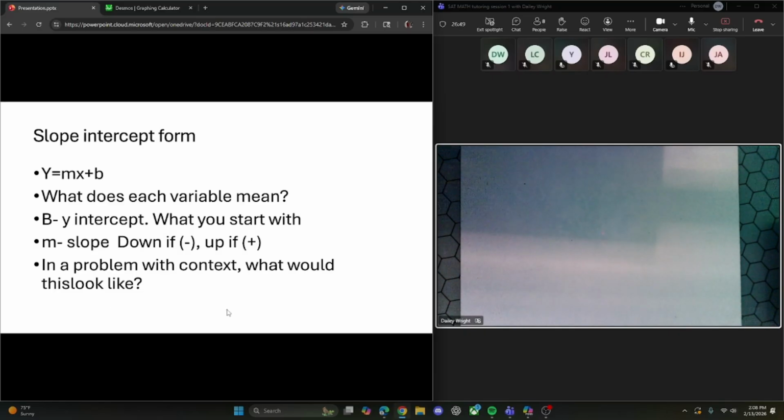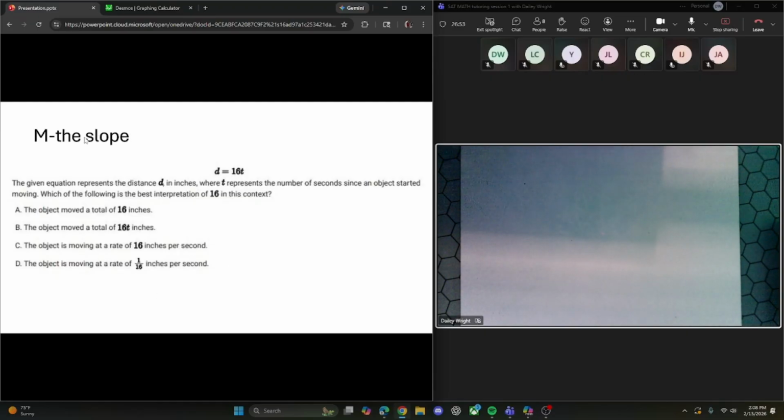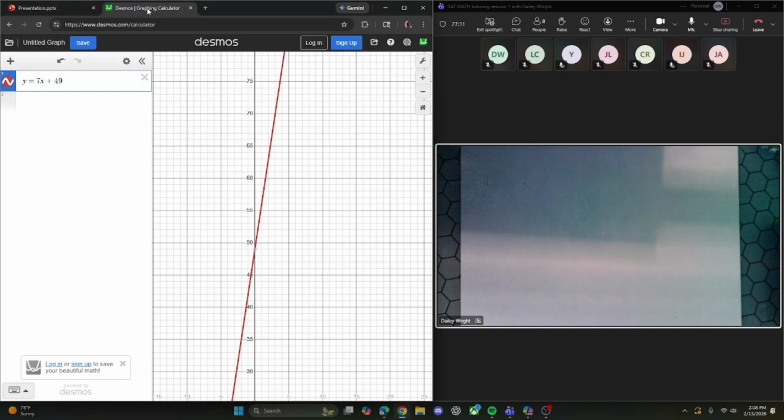So in a problem with context, what would this look like? So we're going to do a slope equation first. Given the equation represents the distance d in inches, where t represents the number of seconds since an object started moving, which of the following is the best interpretation of 16 in this context? So if we go into Desmos, just to look, what was it?